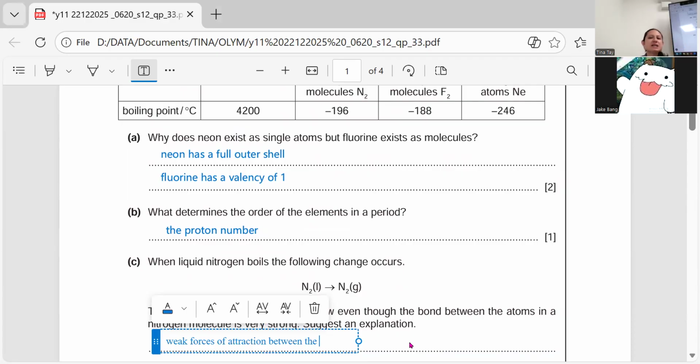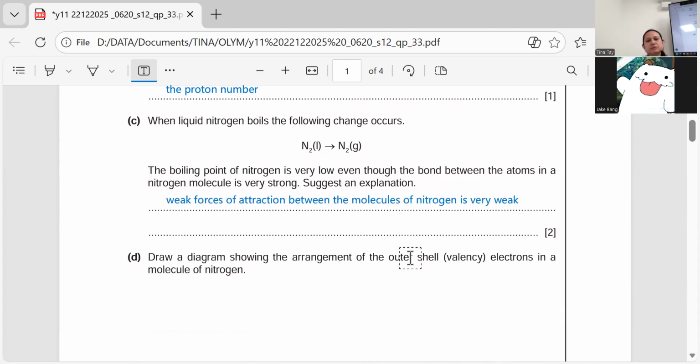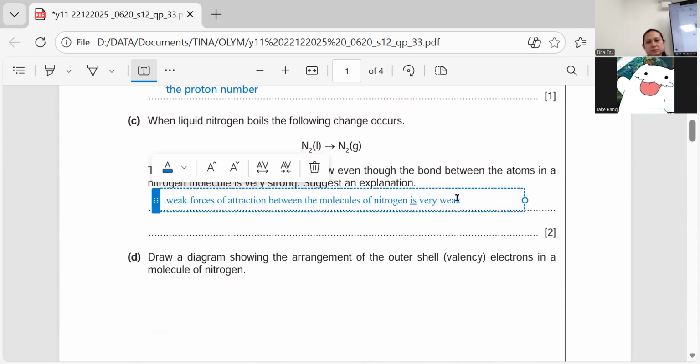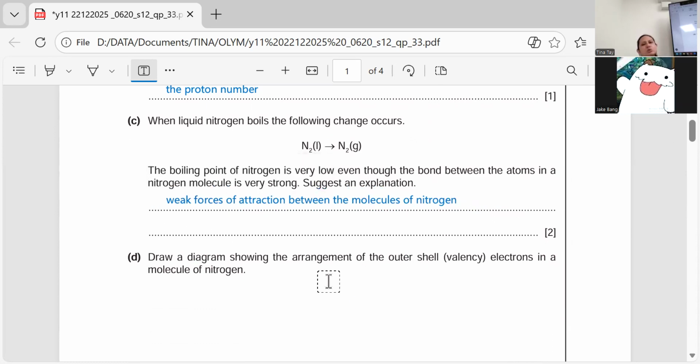Why is the boiling point, melting point low? The forces of attraction between the molecules of nitrogen are very weak. How can you get 2 marks? Molecule is 1 mark, and forces of attraction weak is 1 mark.